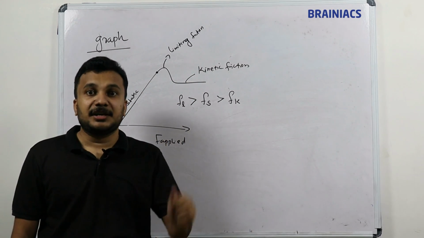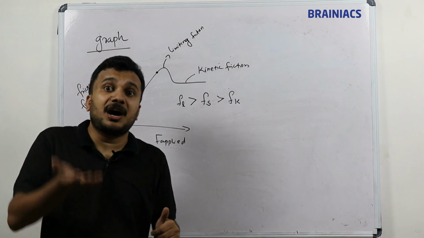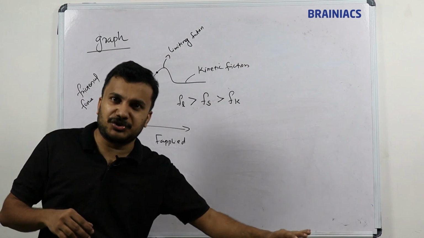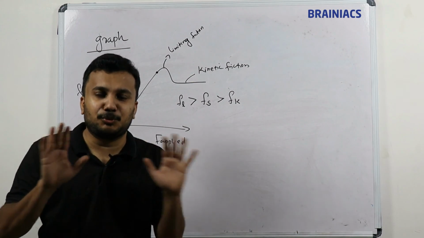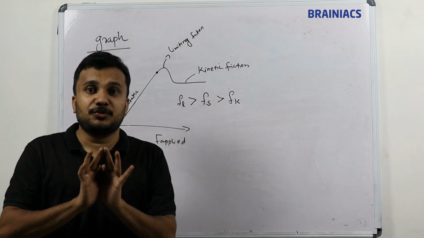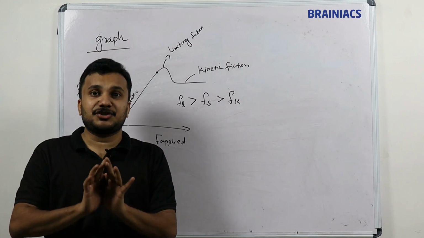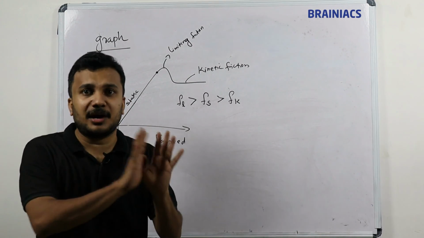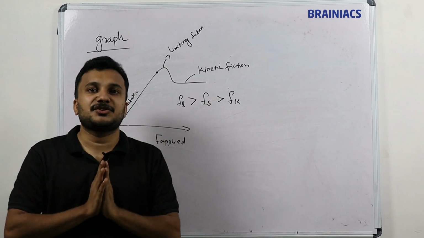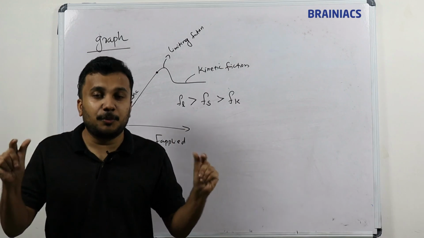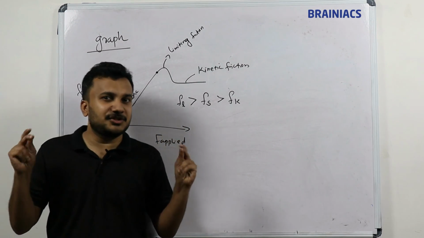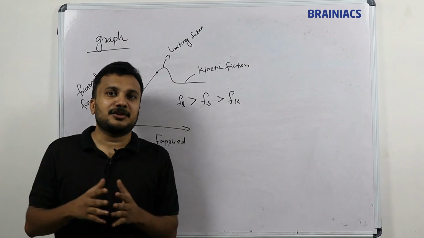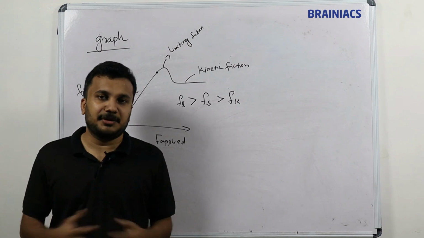Second, if limiting friction is higher than applied force, the block will never move. The frictional force is called static frictional force, and that value is equal to the applied value. Acceleration is equal to 0. Hope you understood the concept. I will come up with certain questions to help you understand the concept in the coming topics.